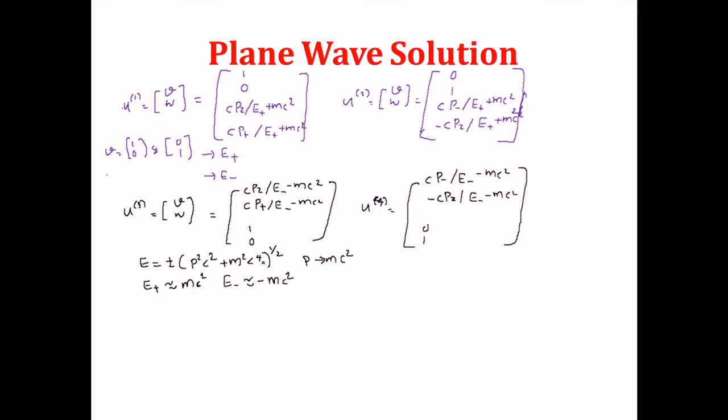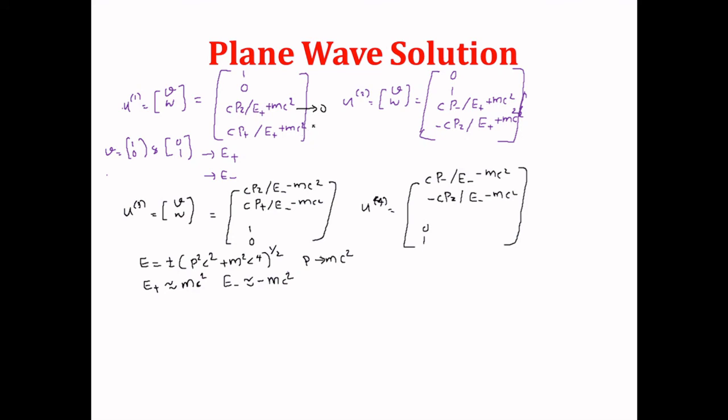When you substitute these values, for example in this particular equation, the denominator will become 2 mc square, C P Z by 2 mc square, but the value of P by 2 mc square will be approximately equal to 0. So when you decrease the P value, this particular term approaches 0.